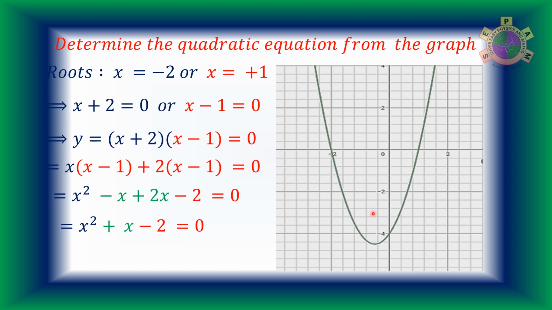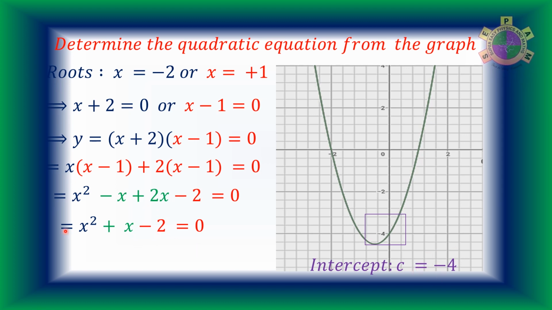But if you look at this graph, you see that the graph is cutting the y-axis, the intercept is negative 4. But here, the intercept value we obtained is negative 2. So the actual equation for this graph has to have the same value as the intercept.